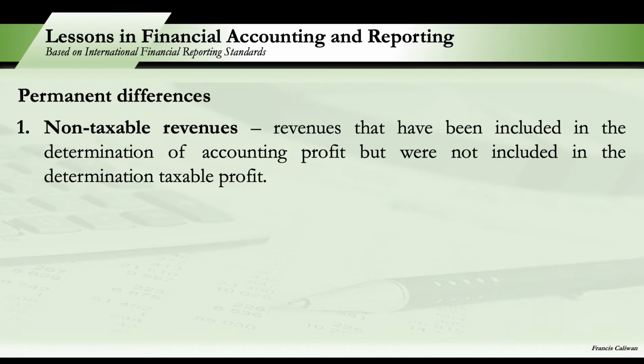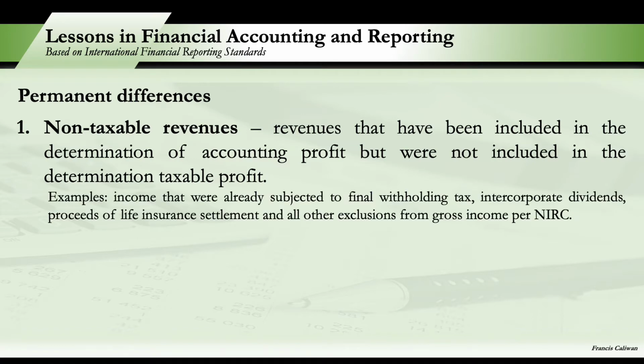So we have non-taxable revenues, which are defined as revenues that have been included in the determination of accounting profit but were not included in the determination of taxable profit. Examples of these revenues are income that were already subjected to final withholding tax.